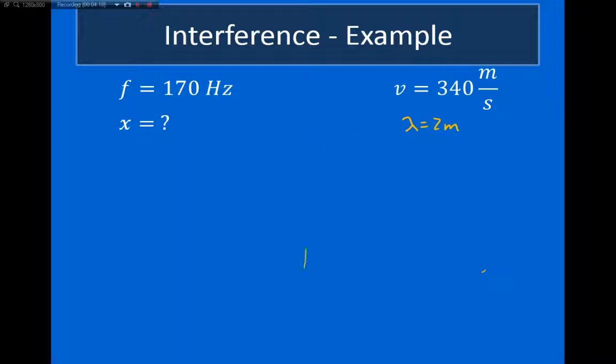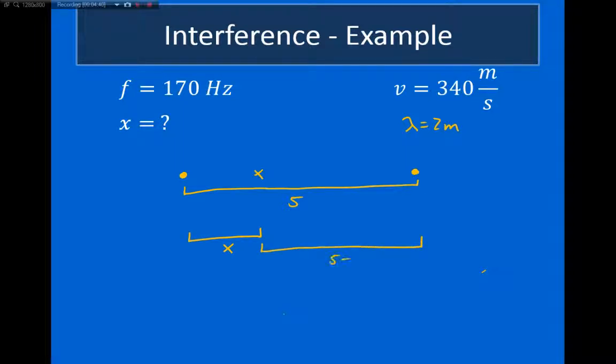So let me go ahead and draw a little figure of what's going on. These two dots here are the two speakers, and they're separated by a distance of 5 meters. Now let's consider some point here, x. It's a distance x away from the speaker on the left. So if this point is a distance x from the speaker on the left, then it's going to be a distance 5 minus x from the speaker on the right.